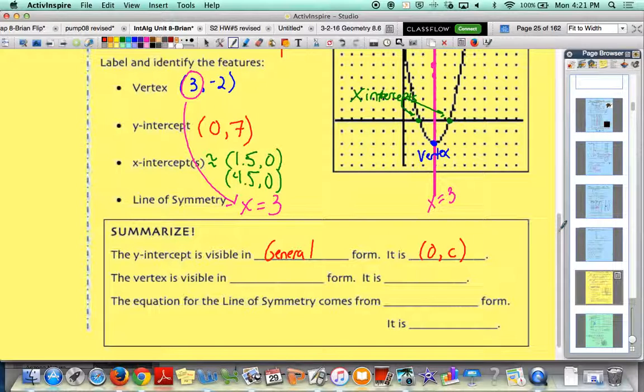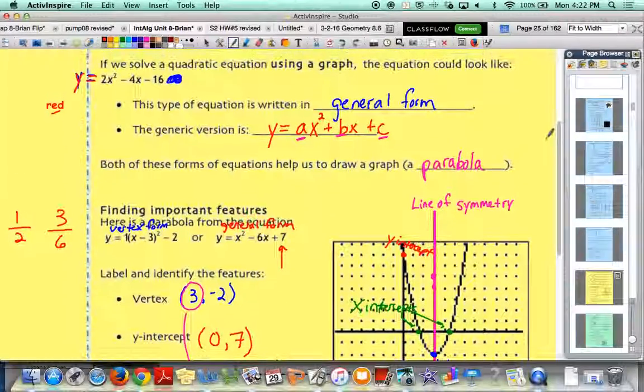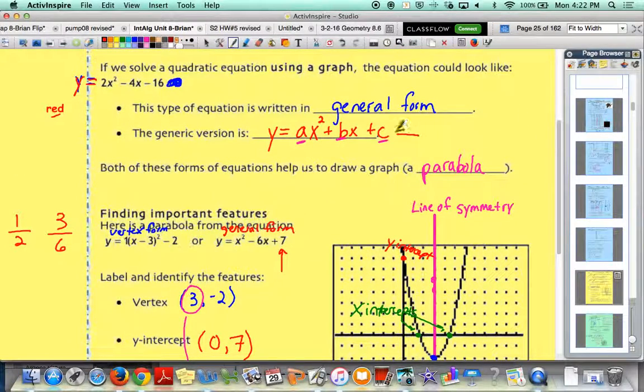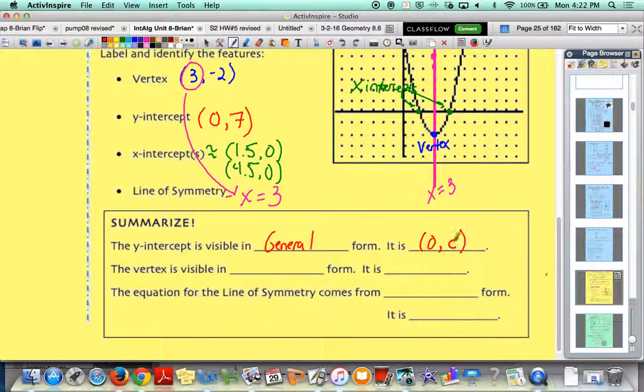Remember c, the reason I'm using the letter c there is because way back up here, that last value in the generic version of the equation, ax squared plus bx plus c, is going to be the y-intercept. Whatever that number is, that's the y-intercept. And I put 0 in here because, of course, any y-intercept has an x-coordinate of 0. So this one happens to be 0, 7.